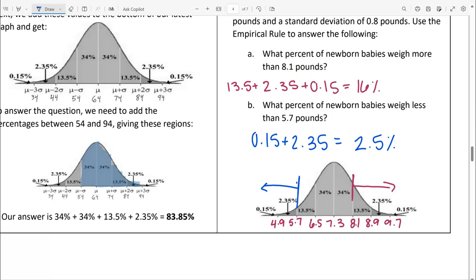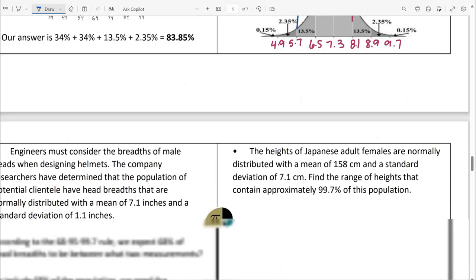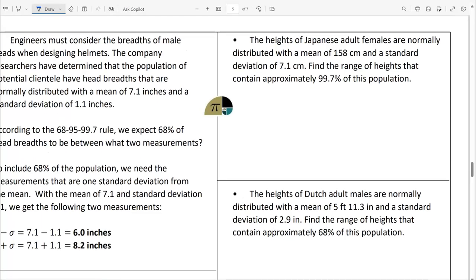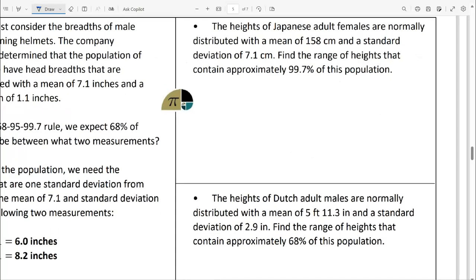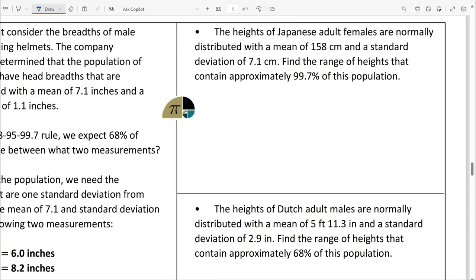All right, flip to the next page. We have 3 more examples to do, and then we'll be done. The heights of Japanese adult females are normally distributed with a mean of 158 centimeters and a standard deviation of 7.1 centimeters.